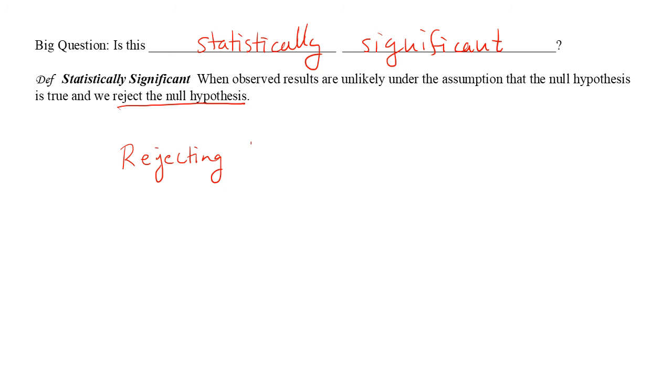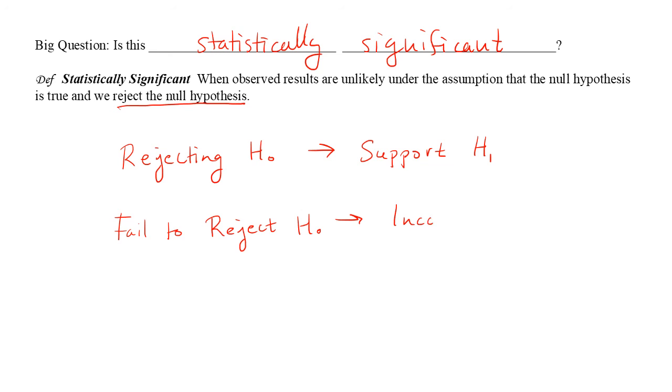So rejecting H0 allows us to support H1, in which case we have a good reason to say that H0 is not true and H1 is probably true. On the other hand, failing to reject, we get something that's more inconclusive.